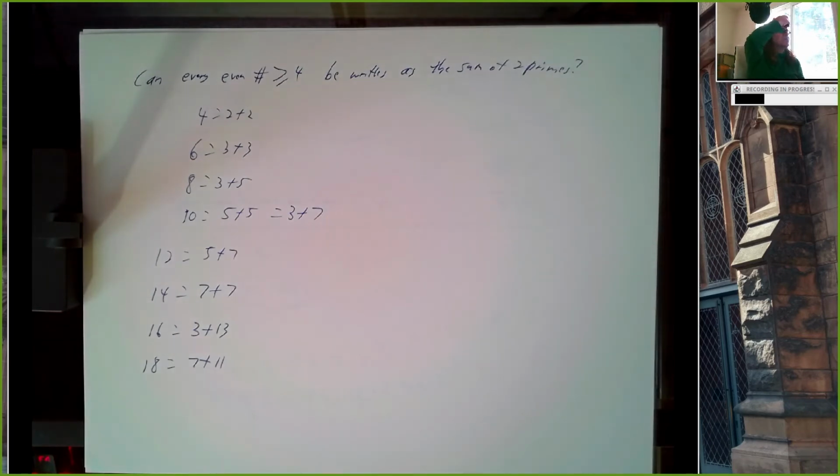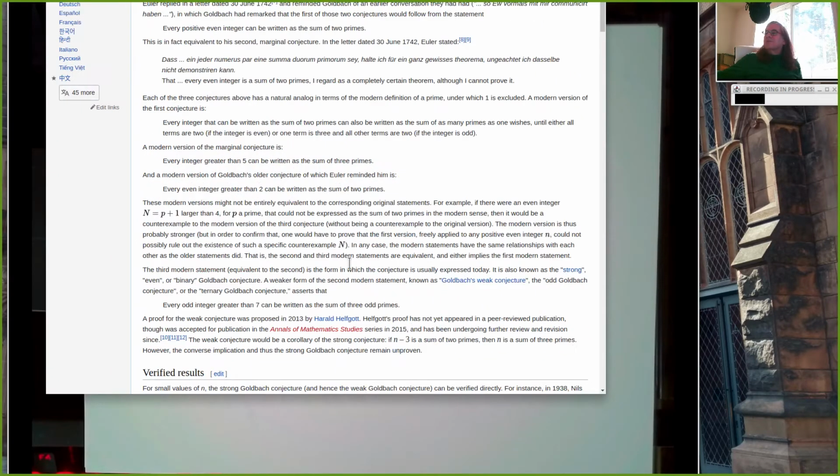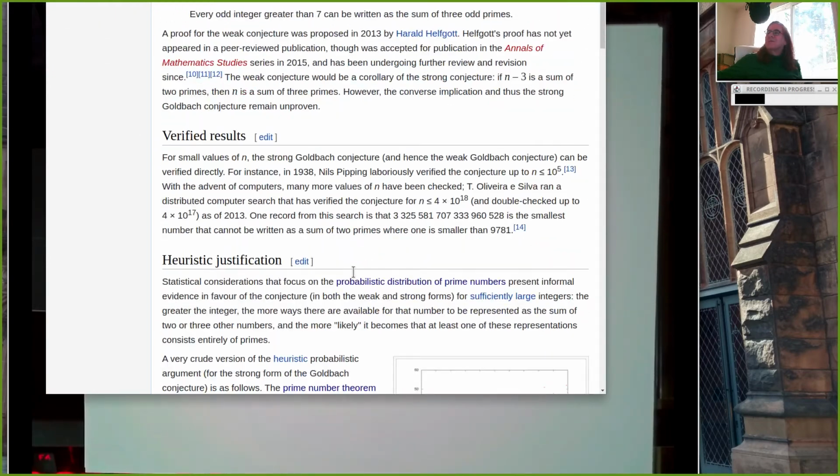So I'm looking at a Wikipedia page right now. In 1938, one person proved this up to 10 to the 5th by hand. So they proved it up to 10,000, 100,000. It's been proven for all numbers up to 4 times 10 to the 18th, and double checked up to 4 times 10 to the 17th.